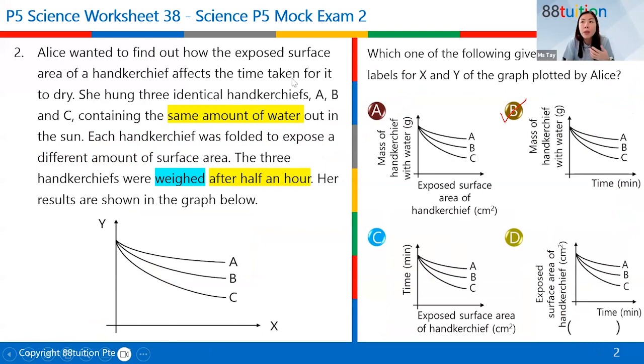If you recall when you are hanging out the clothes for your daddy or mommy, you are supposed to spread out as much as possible, isn't it? Do you fold your clothes and then try to dry them after that? Do you fold it nicely first, since after drying you have to fold it and keep it in the cupboard? Do you fold first and hope it dries fast? It's going to take a long time, right?